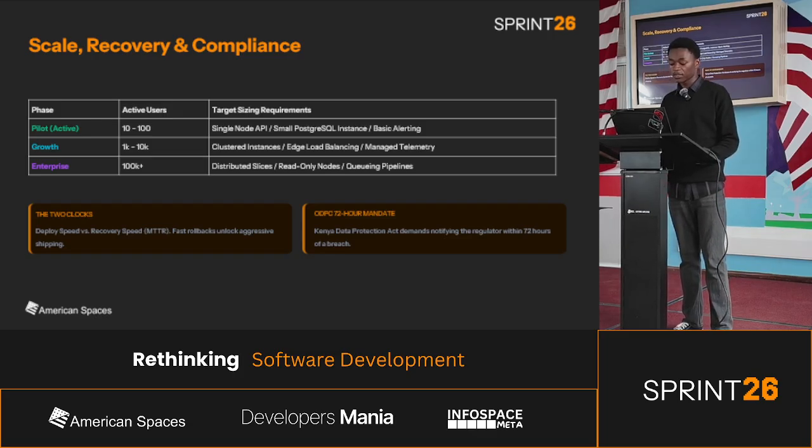The clock starts the moment someone notices the failure or the breach. And without good observability, you might not notice the failure for weeks or even months, and this will cost you.